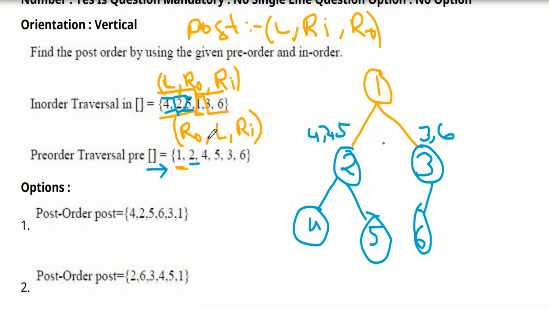And the logic is very simple: for finding the root node we use pre-order or post-order as well. For finding the left nodes and right nodes we use in-order. This is the trick. For root nodes we use pre-order and for the left nodes and right nodes we use in-order. So that's the trick.